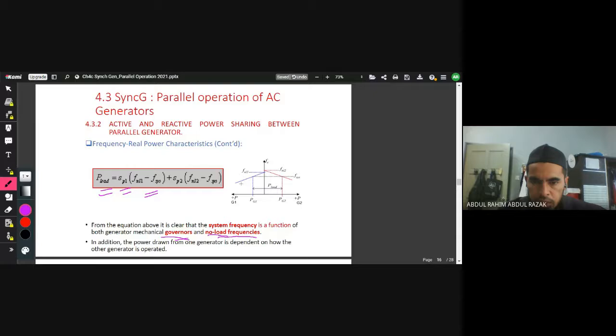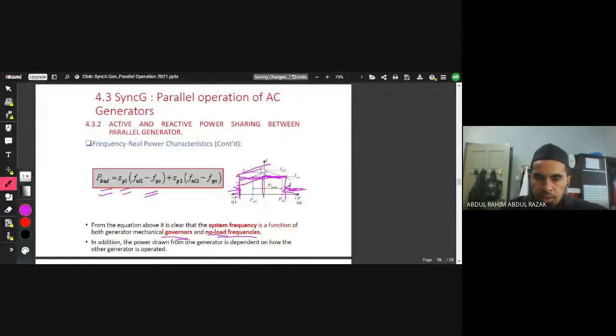If the slope is lower here, we cannot draw more from this generator; instead, the amount is only this value. If the slope is higher, then at this system frequency we can supply more.